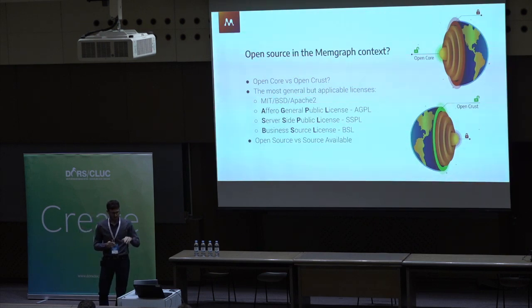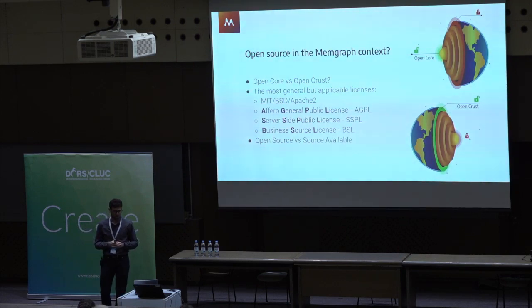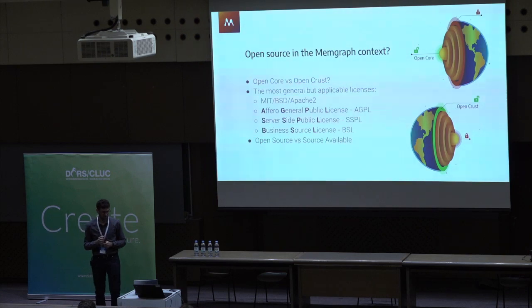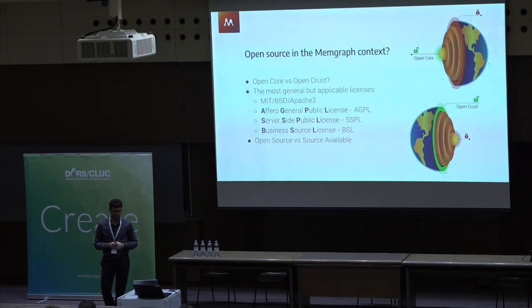And for example, on their side, source available is a term used for all these derived licenses, which are not strictly open source, but provide some benefits of open source. So technically speaking, Memgraph is actually source available, but we like to talk about open source because there are all these benefits which people care about.